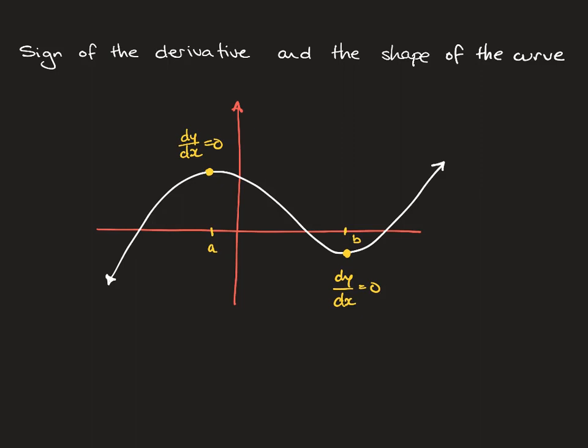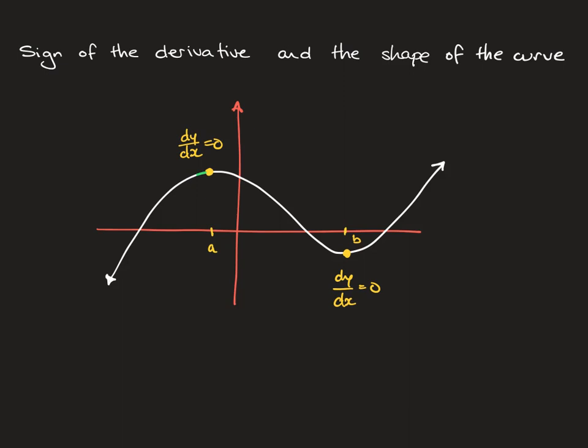And the final thing to look at is the sign of the derivative and the shape of the curve. So you can see I've got a curve there, and at the two turning points I have that the derivative is equal to 0. And to the left of A in this section, the graph is increasing and it has a positive gradient.